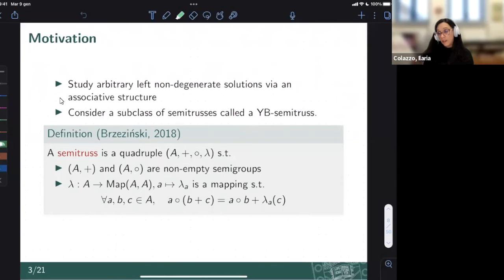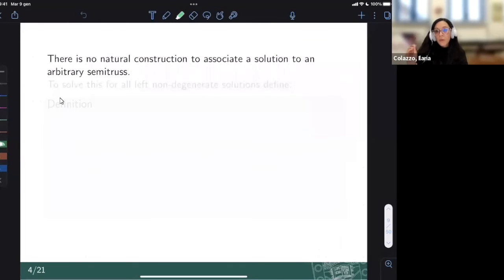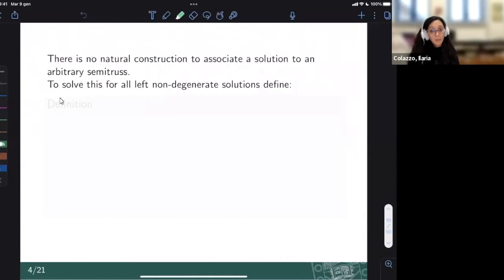So we cannot expect that for every semitruss we have a solution of the YB equation in the same flavor as the solution associated to a skew brace, for instance. So we want to focus on a special class of semitrusses that gives us all the elements to define a solution of the YB equation in the same flavor as is done for braces and skew braces.